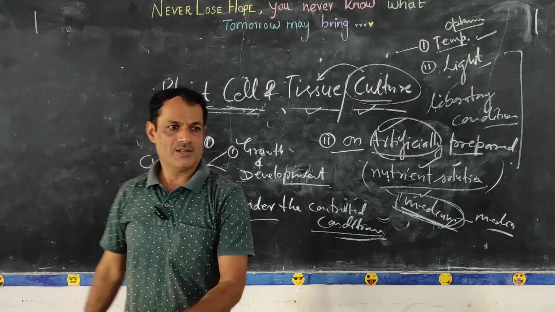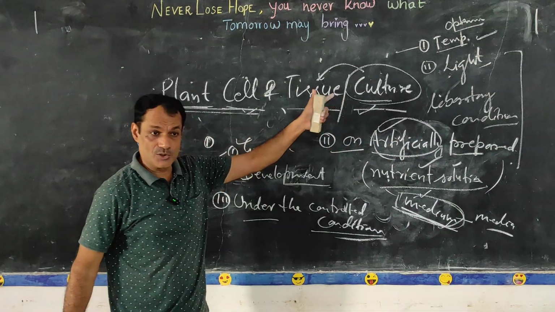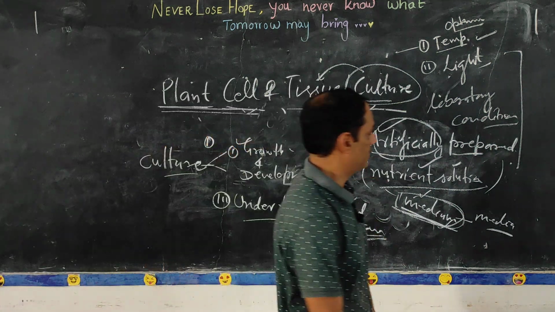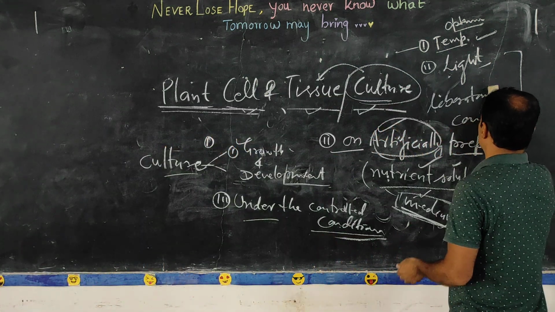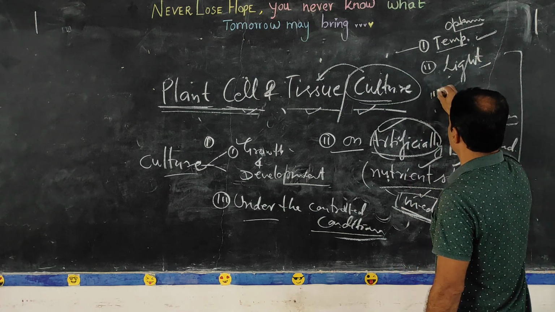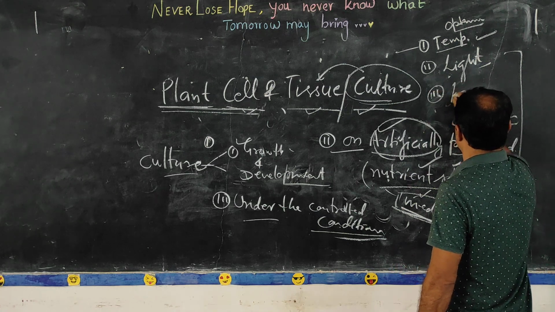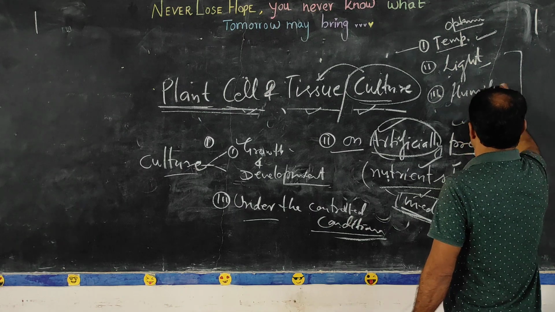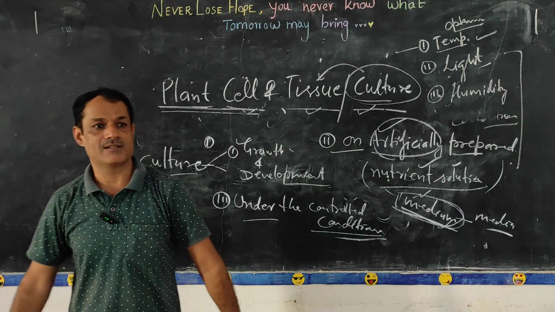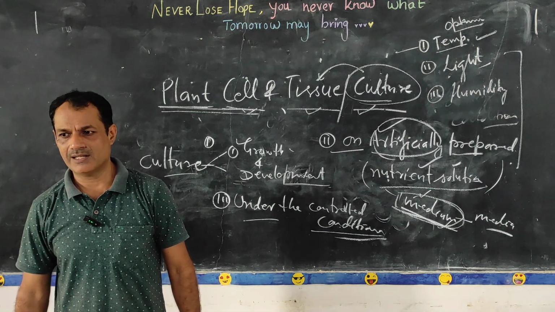If we are culturing animal cells, light is not needed, because plant cells do photosynthesis, chlorophyll is there. And the third condition is proper humidity, the moisture in the air or surroundings.